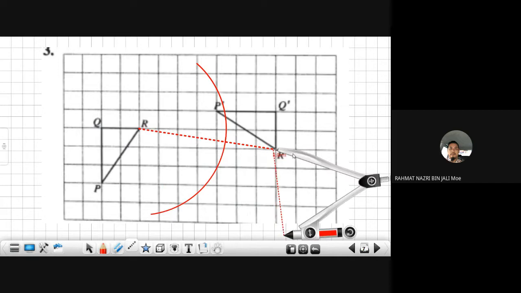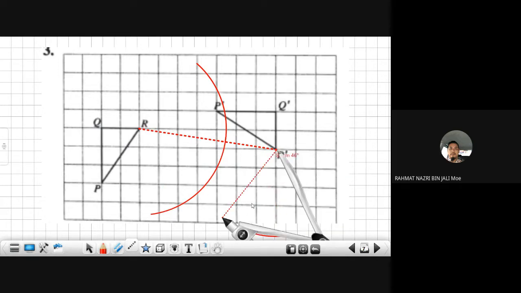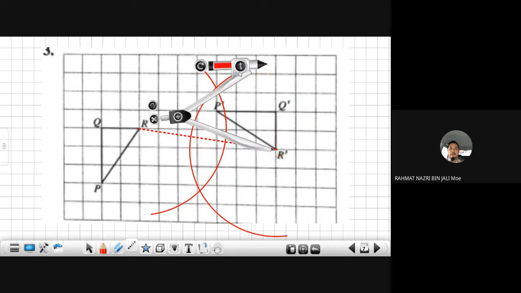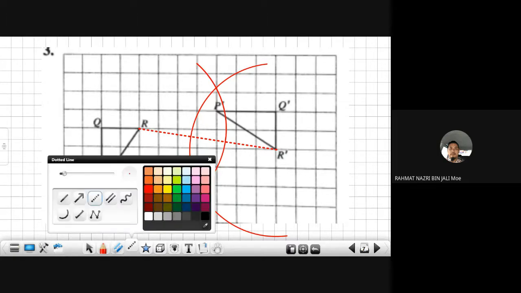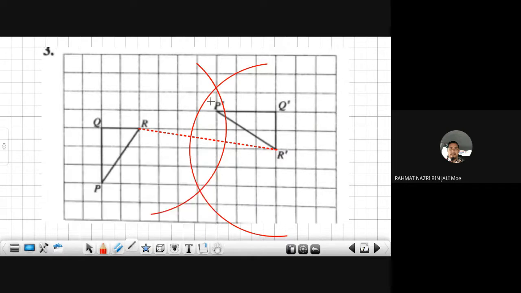Then use the same opening to draw the second one at R prime. Okay, dapat. Then we draw the perpendicular bisector. Connect these 2 points. Okay, then you can extend it.